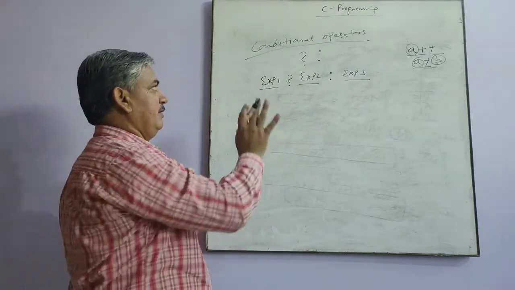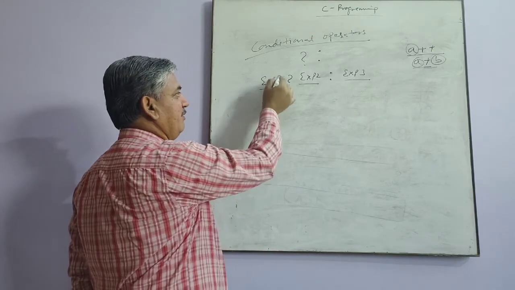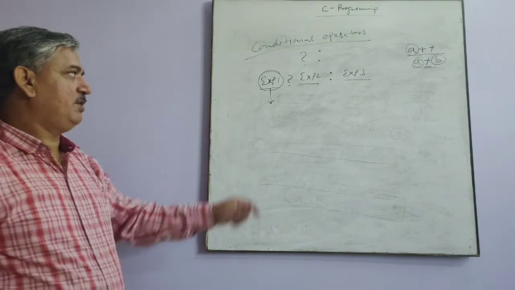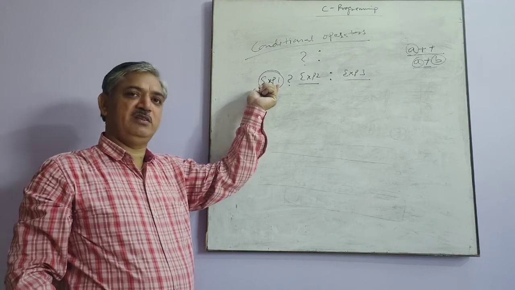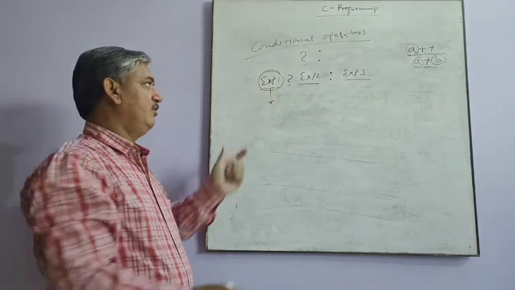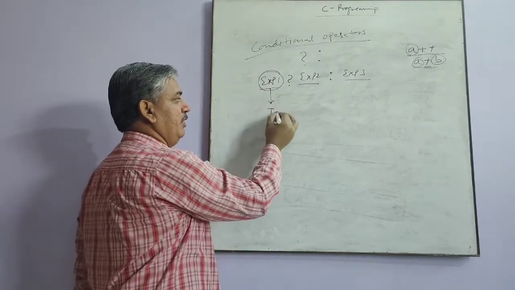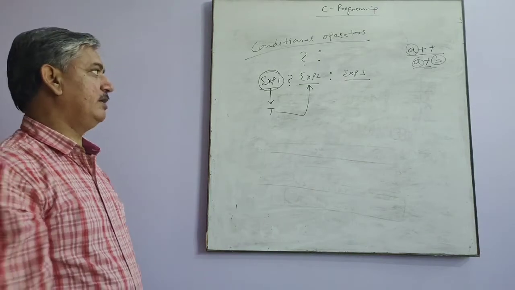The working of this operator is, this conditional operator first evaluates expression 1. This expression 1 is a logical expression. The result of this expression 1 is either true or false. When the result is true, it means execute the expression 2 part.